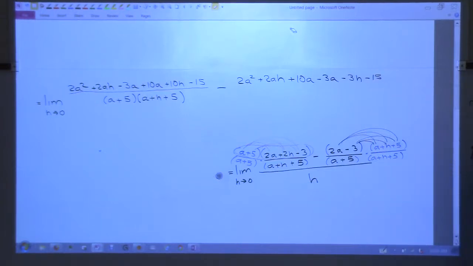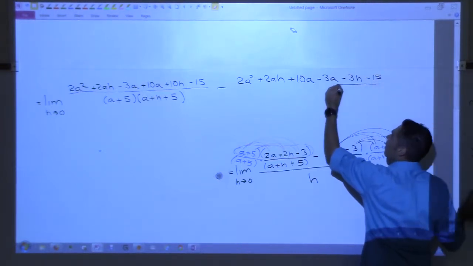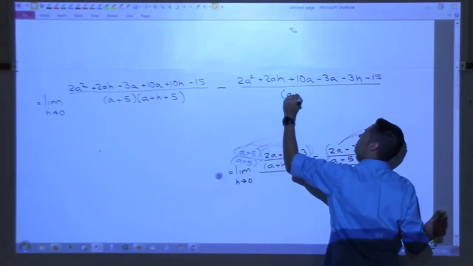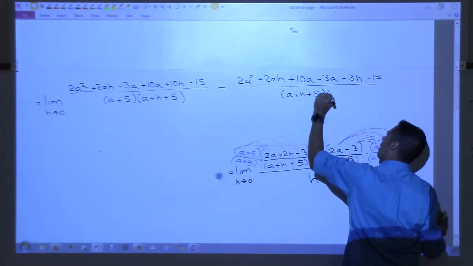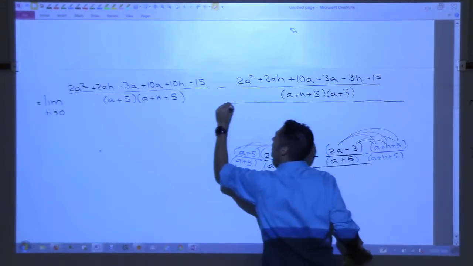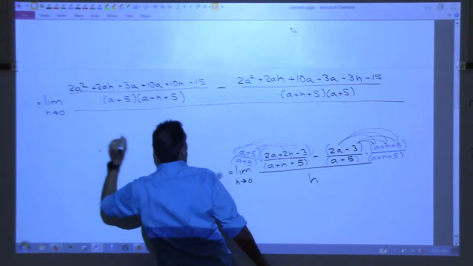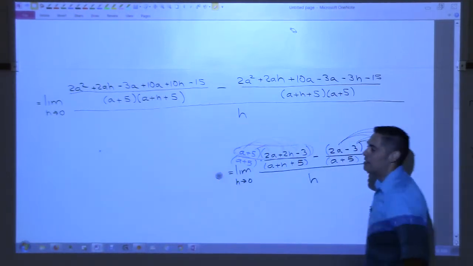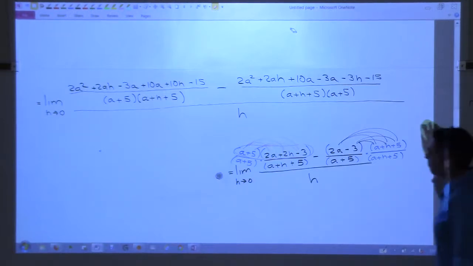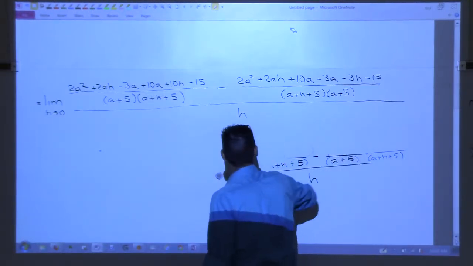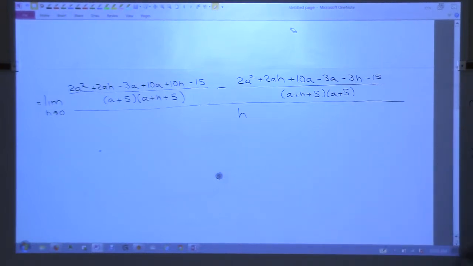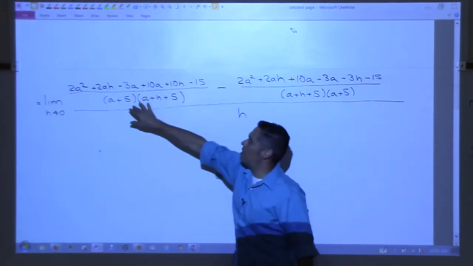And then all of this over the common denominator, right? A plus h plus 5, and then a plus 5, and then all of that. You know it's bad when I have to take 3 steps to draw the division bar. All right. Now, the numerators here have the same denominator now, right?